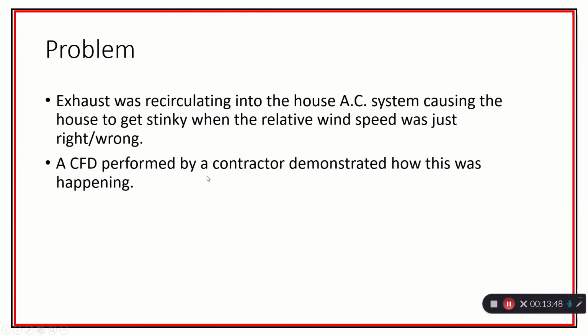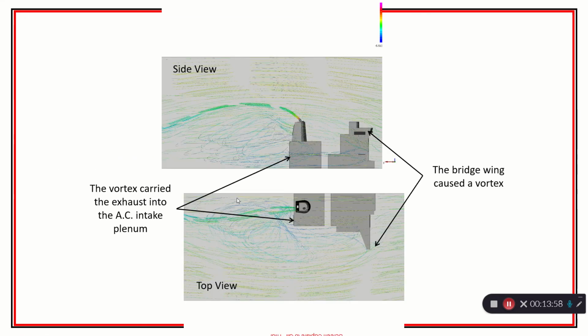So we decided to hire a subcontractor, because we didn't have that software in-house, to simulate what was going on, so we could try to quantify what's actually happening. And these were some of the results they came back with.